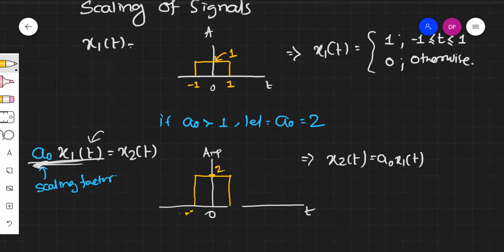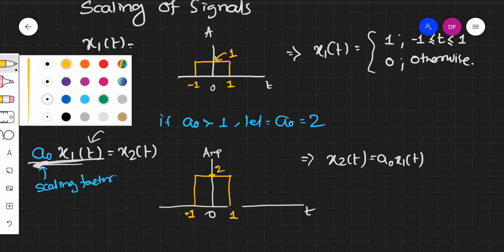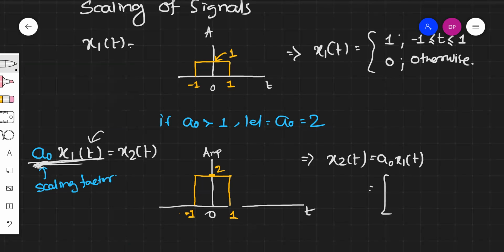Time will not change, it's -1 to 1. So a naught into x1 of t can be mathematically expressed as a naught into 1 for t lying between -1 to +1 and 0 otherwise.